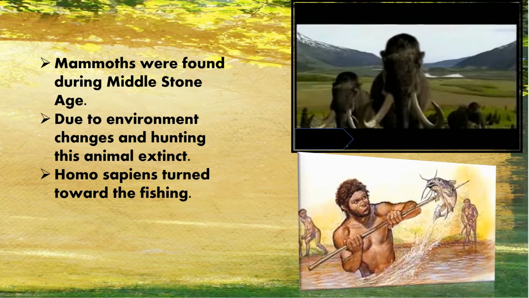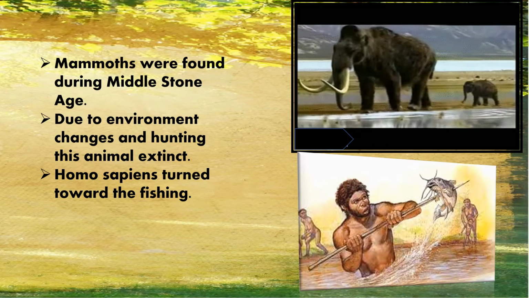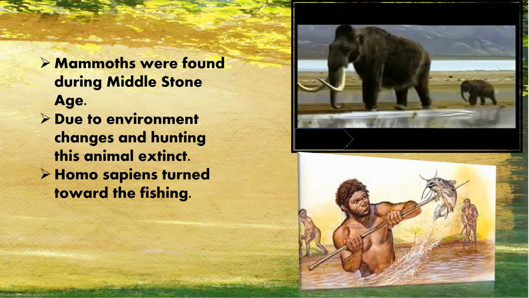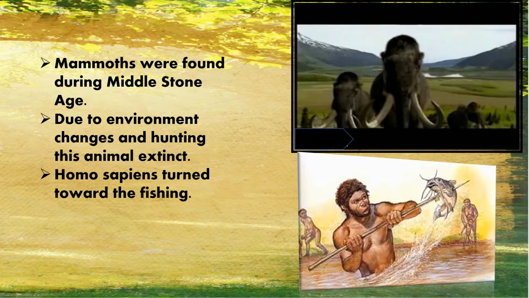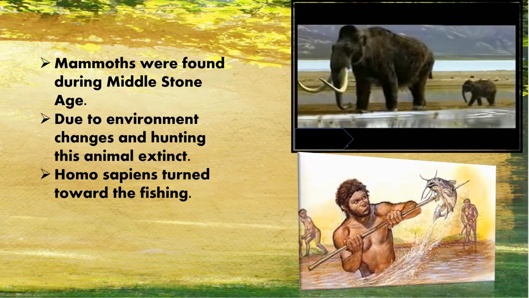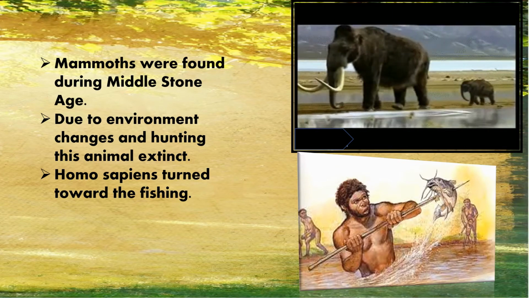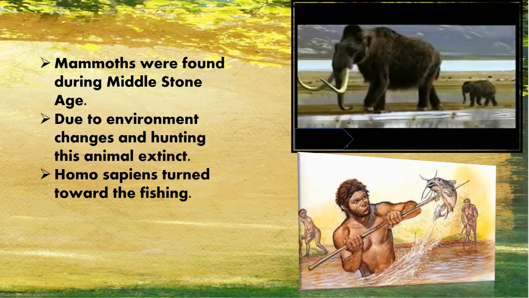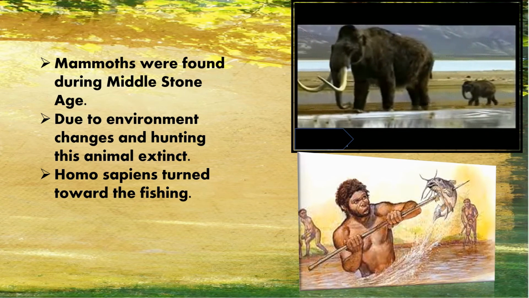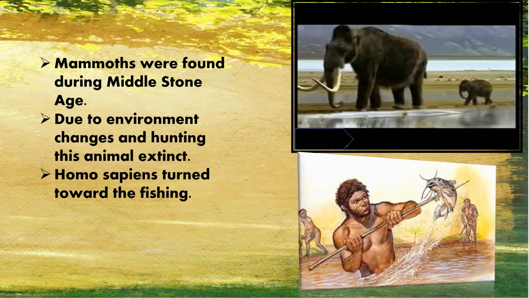As we learn in this module that in this period we mostly found a furry animal. So mammoth were mostly found in this Stone Age period. During this period, the ancestor of elephant were called mammoth.